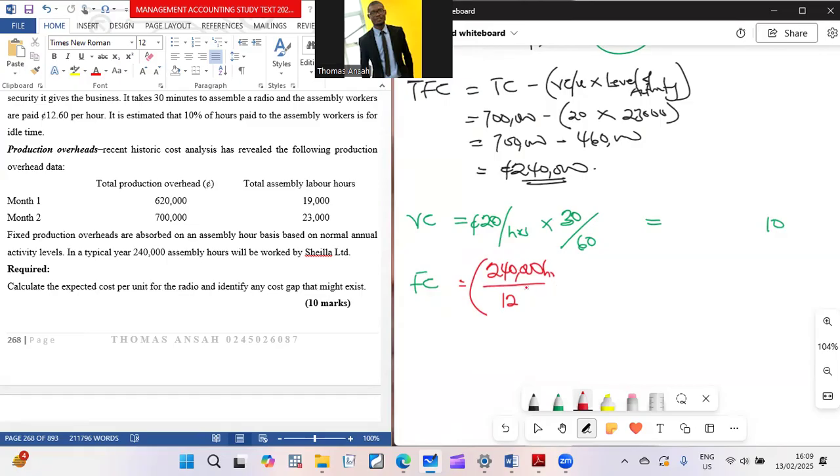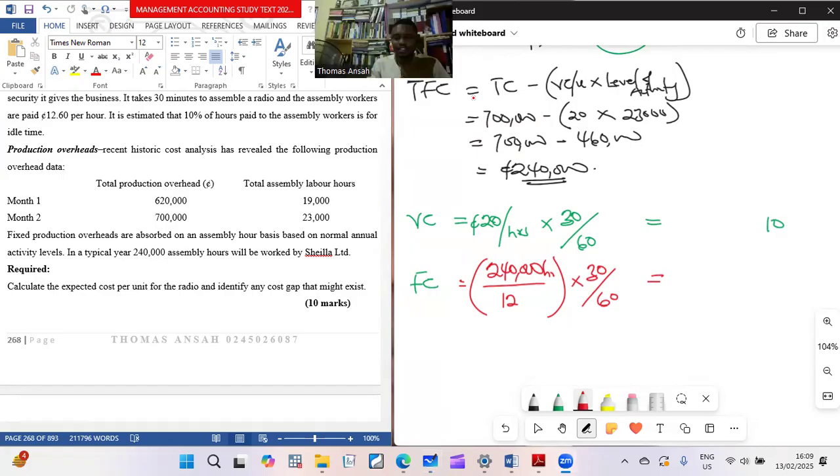That gives 20,000 hours. So the 20,000 hours that we have here, we go by it with 30 over 60, 30 minutes, 60, we want it in hours, right? So basically that is 30 over 60 per hour, because fixed is an amount, straightforward for that.